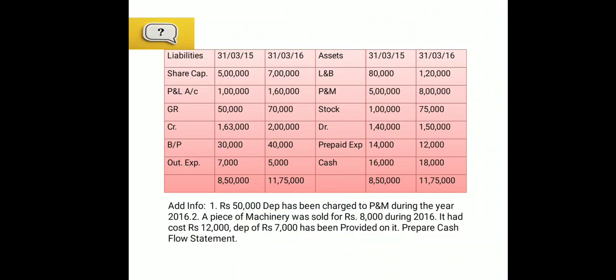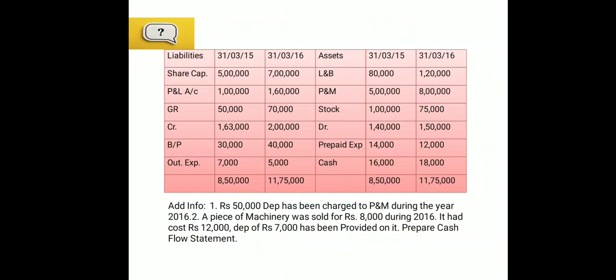Fine. We have land and building, opening balance, closing balance. So just check out in your additional information if anywhere we have anything about land and building. So nothing is there. So now we just need to work out with the opening and closing balance. So land and building in 2015 value is 80,000 and in 2016 value is 1,20,000. So extra difference, that is 40,000 difference we are getting.